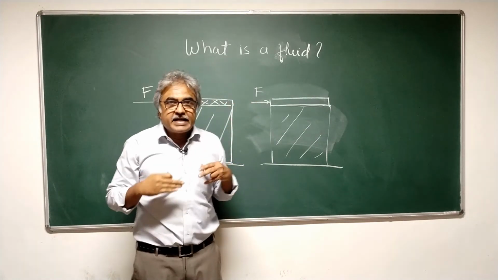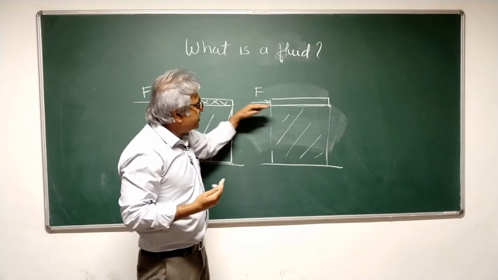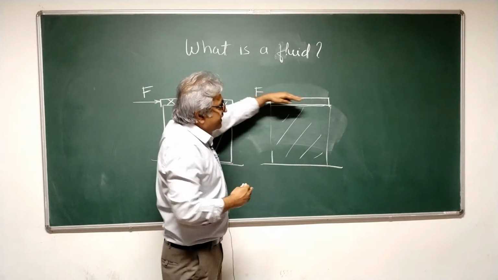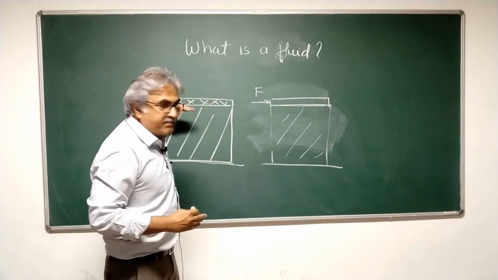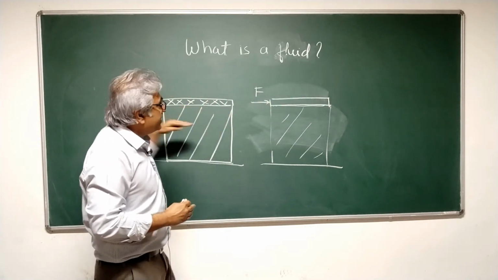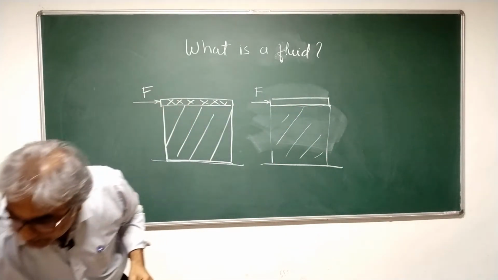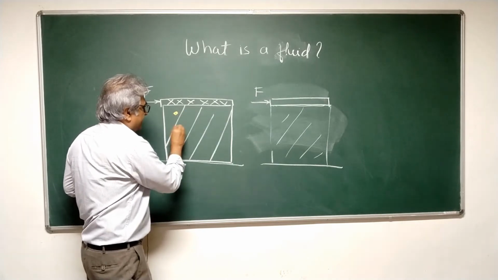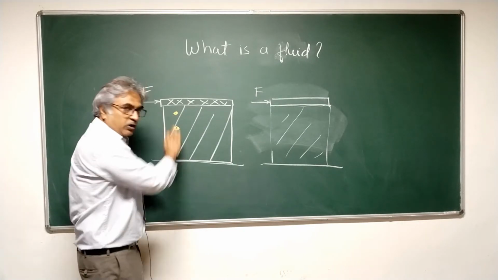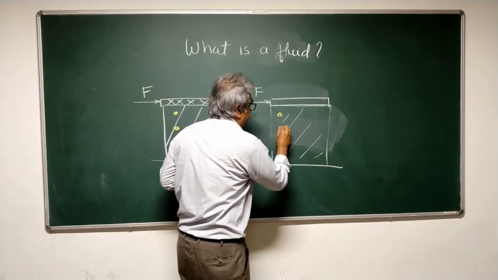Now you know that intensity of force is stress, and here, since the action is parallel to this top surface, it's shear stress. So you are causing application of shear stress on solid, and here it is fluid. Let's say that we identify 3 points in this solid, right? And we identify 3 points in the fluid.